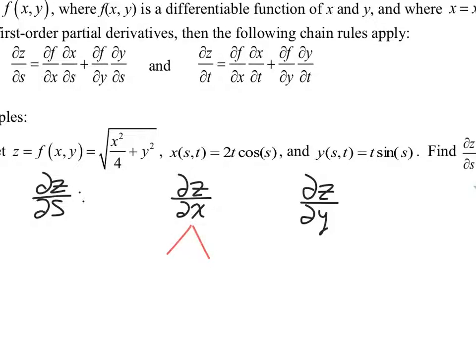Then, now it's partial with respect to x. From there, I could do partial x with respect to s, or partial x with respect to t. The same idea for the y's.